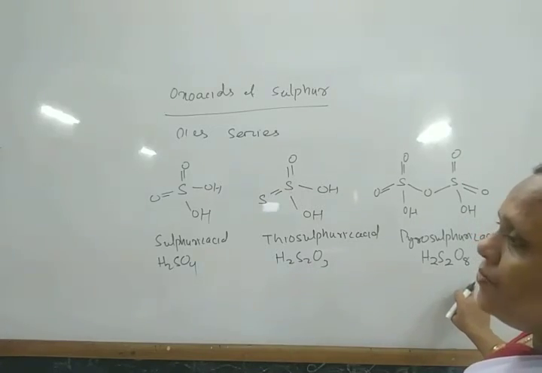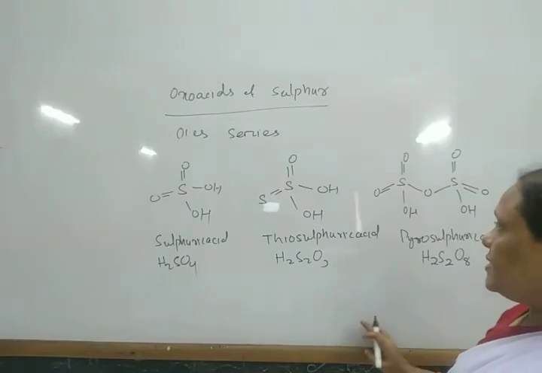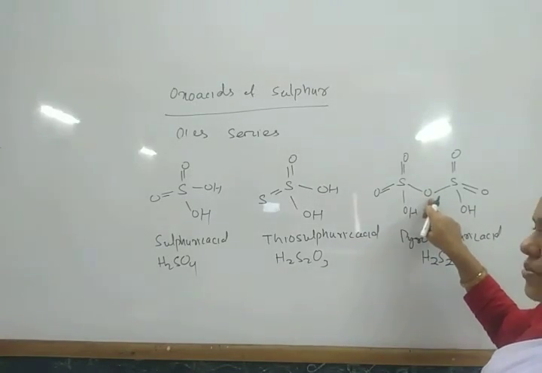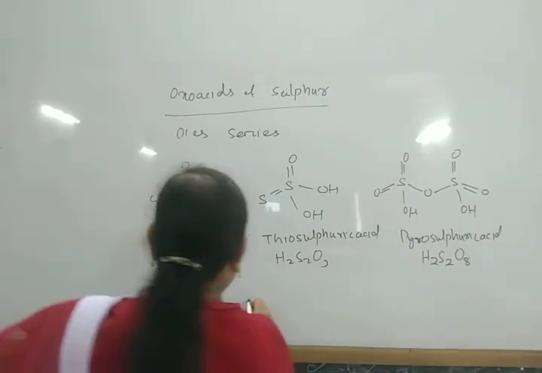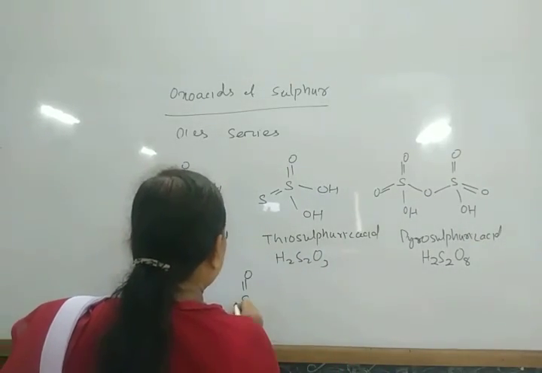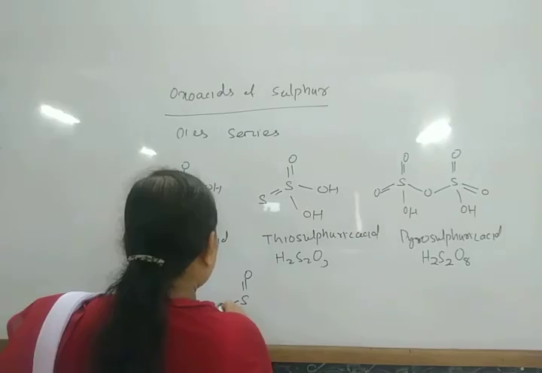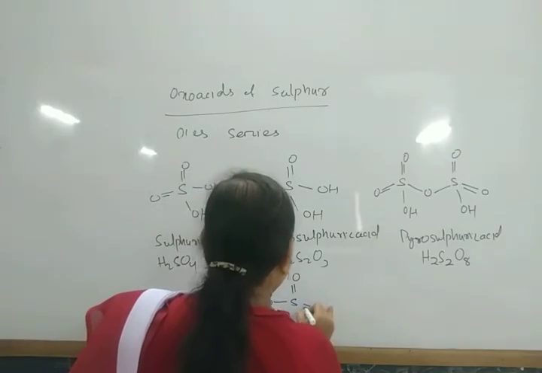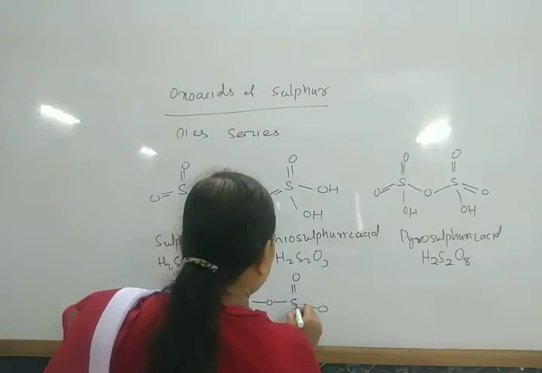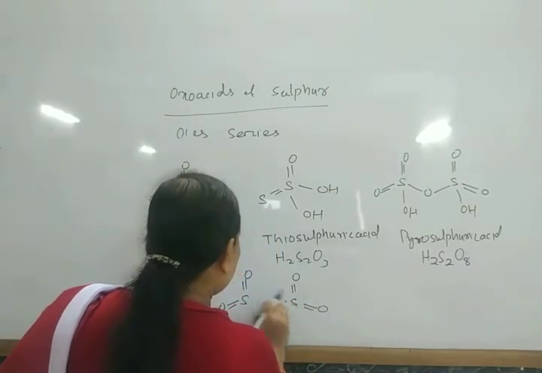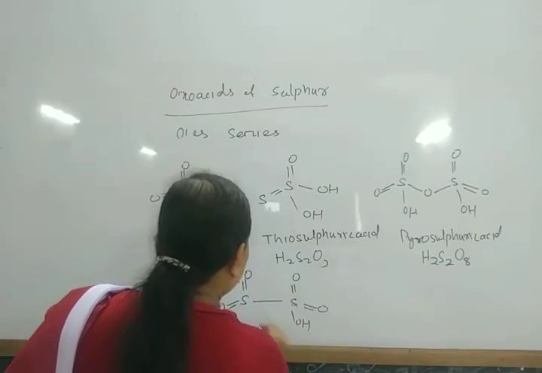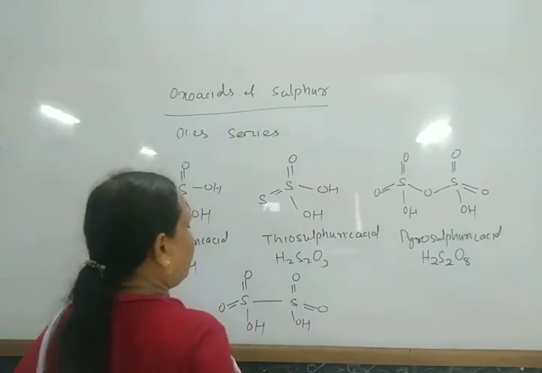And another, that is known as hyposulfuric acid. In hyposulfuric acid, this oxygen is removed from here. In this way, S double bond O, and O, S double bond O. So no oxygen atom here, sulfur bonded to OH and OH.